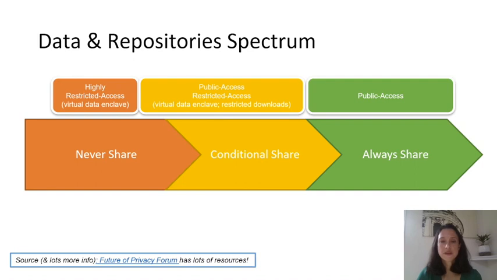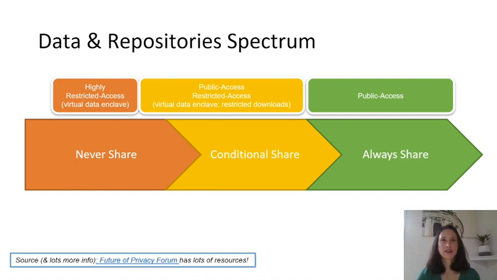So, typically we have this very basic spectrum of data that is just never shared. We don't think it can be prepared, or we certainly haven't worked on preparing it for sharing. We have data that could be shared if we implement the right protocols to limit disclosure risk. And then we have data that's just always shared and already public information. So thinking through the never share category, is it really that it can never be shared?